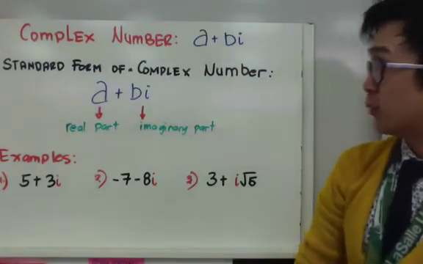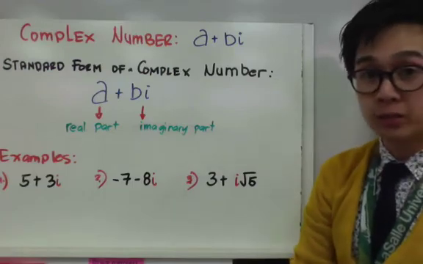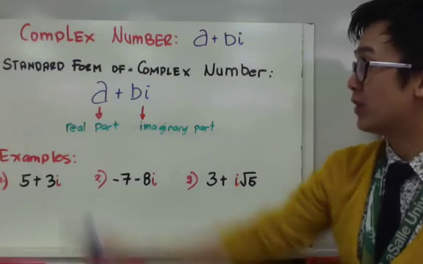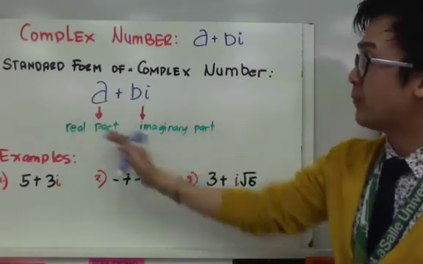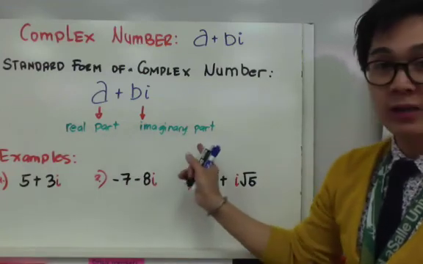Now, to move forward with our imaginary numbers, there is such a thing as complex numbers. And complex numbers in standard form are basically a group of numbers with a real part and an imaginary part. So this is how we simplify or rewrite our complex number with a real part and imaginary part.